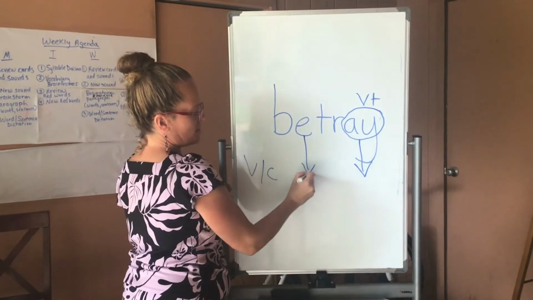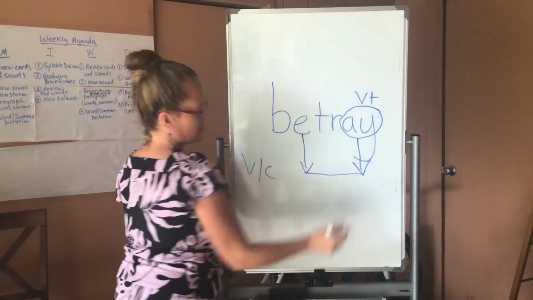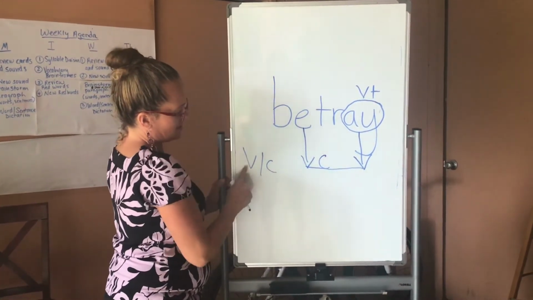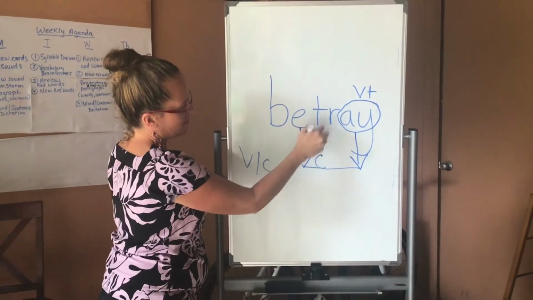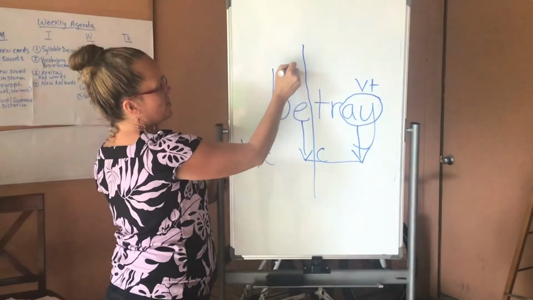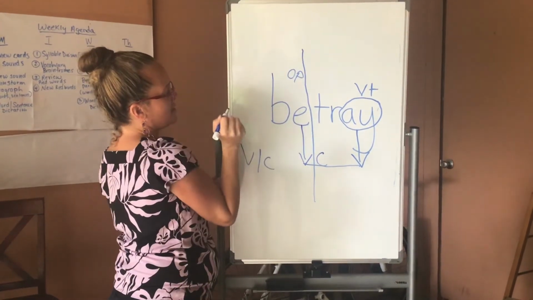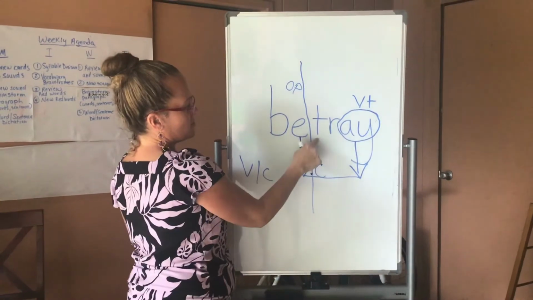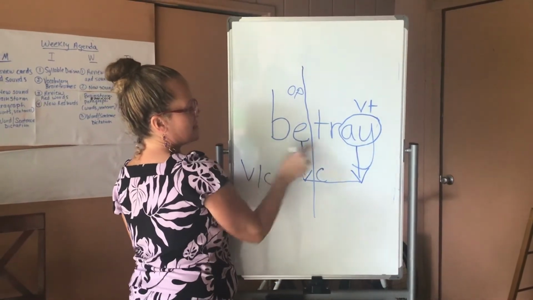There we go. I'm going to draw my boat. Okay. And this is my consonant. It's going to be in between the vowel and the consonant. So I have to slash it through here. And we're down with OPP. Yeah, you know me. So this says B. The next one is tray. Betray.